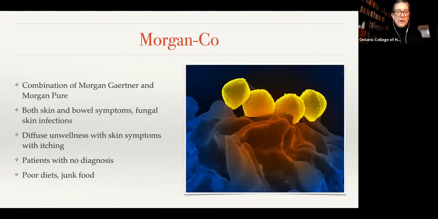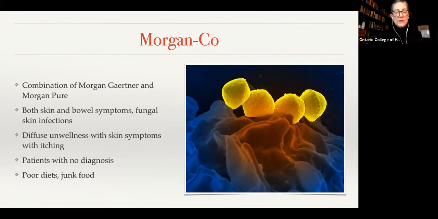So Morgan Co is a remedy that again doesn't have a highly defined picture. It is a combination of Morgan Gertner and Morgan Pure. It has both skin and bowel symptoms and fungal skin infections.